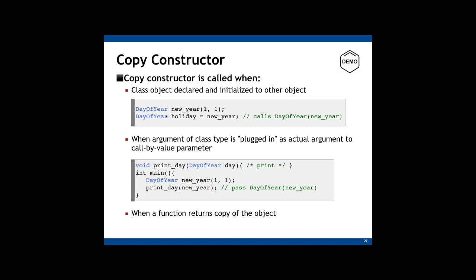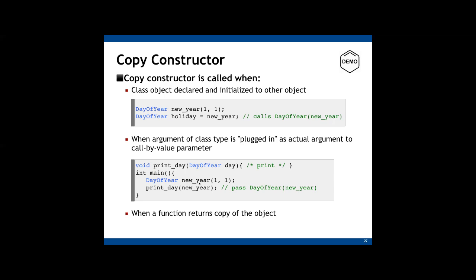So that's one situation when the copy constructor is called. The copy constructor is also called when we call a function as call by value, and if we pass an object as function arguments. If you look at this example, this print day function receives objects of class type day of year.